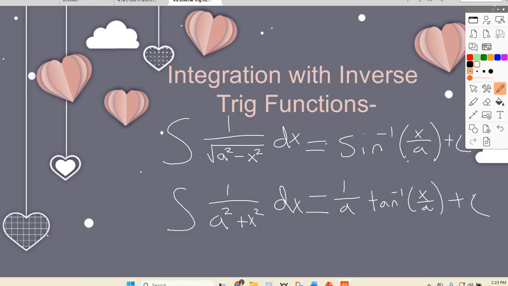If you're wondering what ends up happening here, because I have a square root on the bottom, my square root and my a end up reducing out, which is why I don't have a 1 over a in my final answer. However, on my other one, I don't have a square root to help reduce things out, which is why I end up with a 1 over a on the front of my tangent.